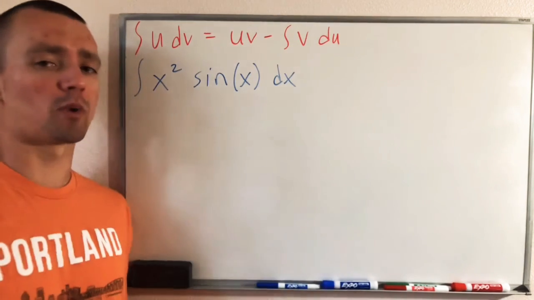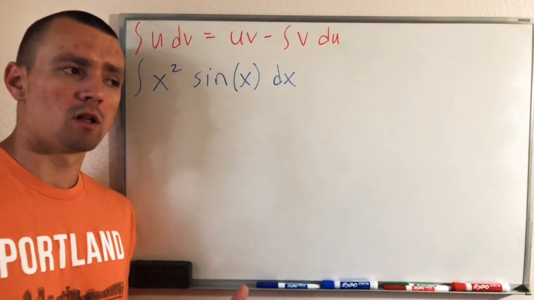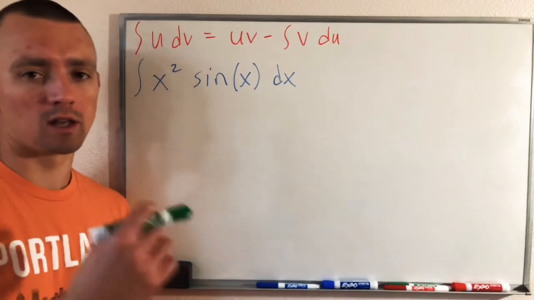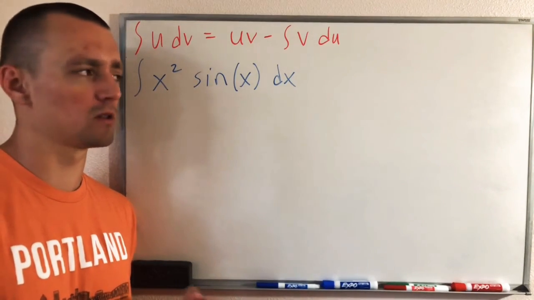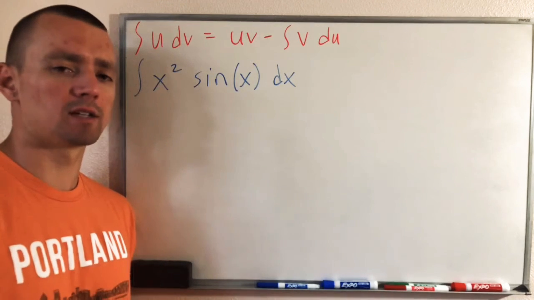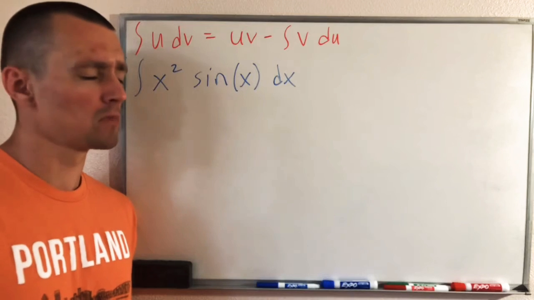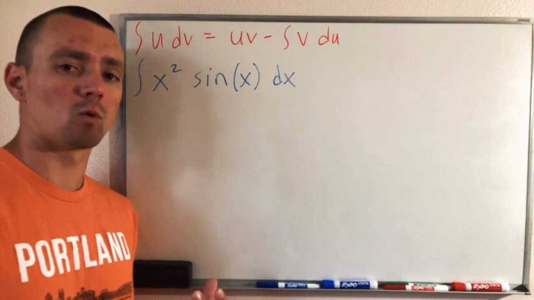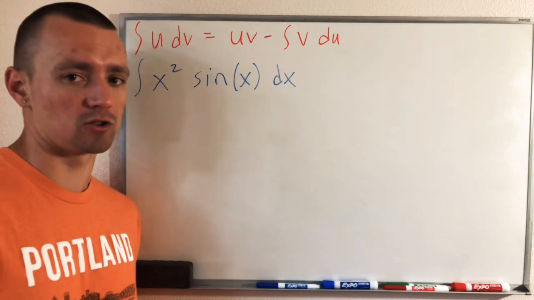However, looking at this other part over here, the x squared, if we find the derivative of x squared, that is going to lower our power by 1 and leave us with just a constant times x, which is a little bit simpler to deal with. If we find the antiderivative, it's going to raise our power by 1, giving us an x cubed, which probably means we're not really going to get in an easier situation by taking the antiderivative.